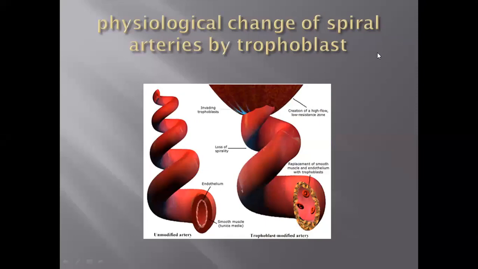The reason why the trophoblastic cells do not properly invade the spiral artery is not known, but may reflect an abnormal adaptation of the maternal immune response to the fetus.